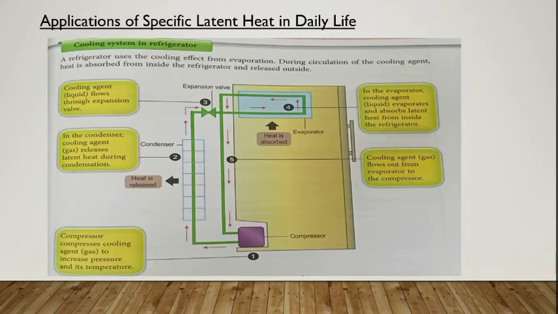The cooling agent liquid flows through the expansion valve. In the evaporator, the cooling agent liquid evaporates and absorbs latent heat from inside the refrigerator. The cooling agent gas then flows out from the evaporator to the compressor.